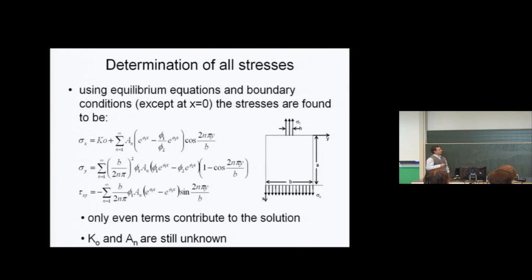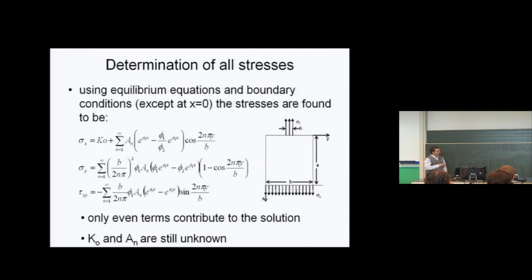Basically, if I integrate with respect to y from one end to the other at any x location, this integral of the cosine 2n pi y over b from y equals 0 to y equals b would be always 0. So the second term means that the average stress has no contribution from this second term, and therefore what's left is this constant.